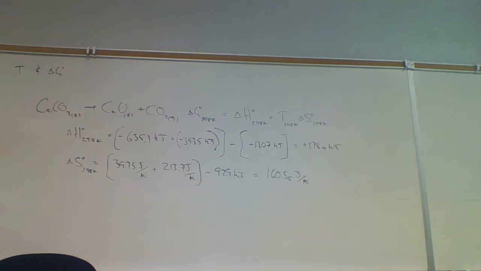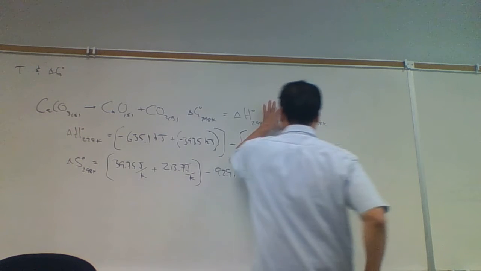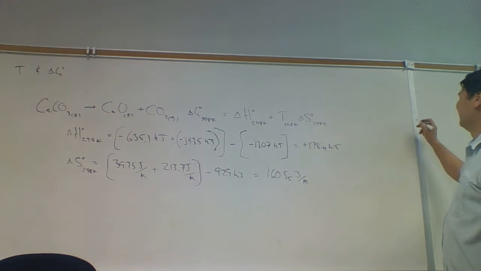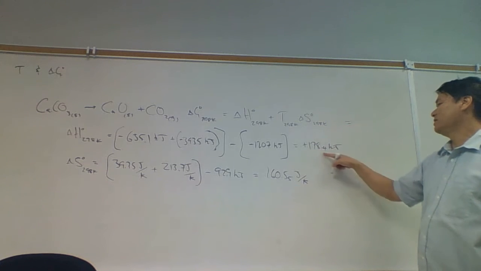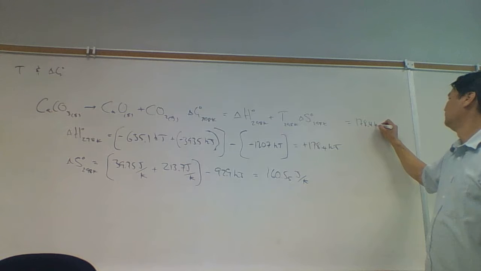Well, the entropy is favorable, and so we just have to overcome this enthalpy, and we can do that by bumping up the temperature here. And so basically, what we need to do is cancel out this term here. This term is going to be 178.4 kilojoules.